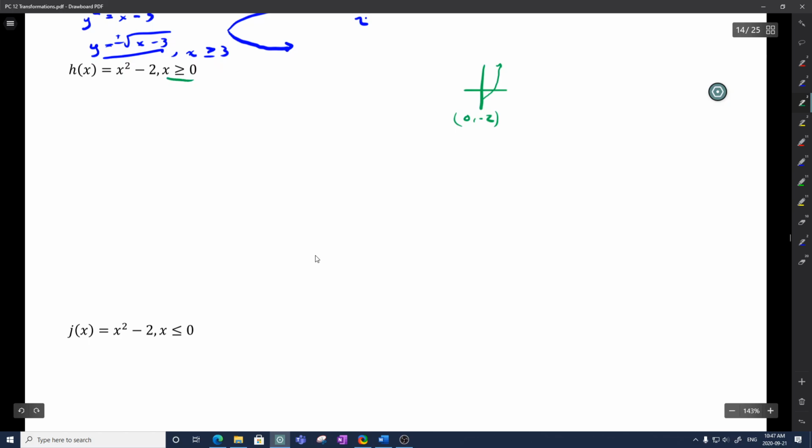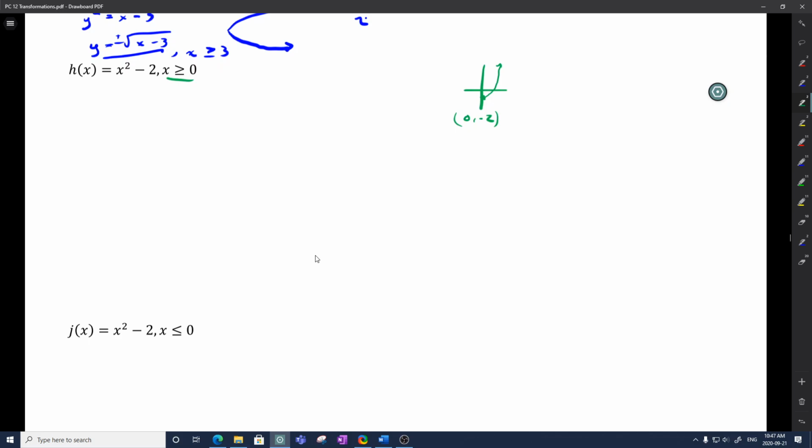And my domain says x is greater than 0. So from what is written, I'm only including one arm. In other words, x is positive. Now, think of if x is positive, what does that mean in the future when I take the inverse? It means that we are going to consider the positive arm.